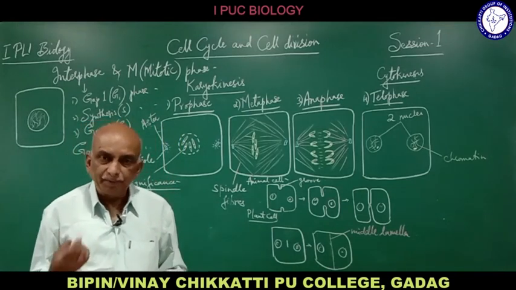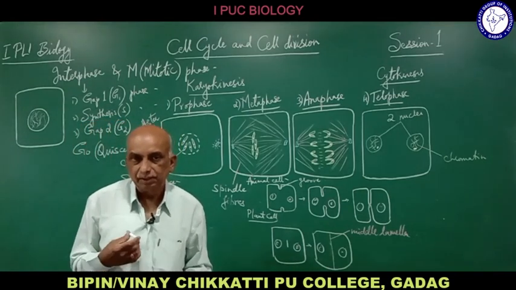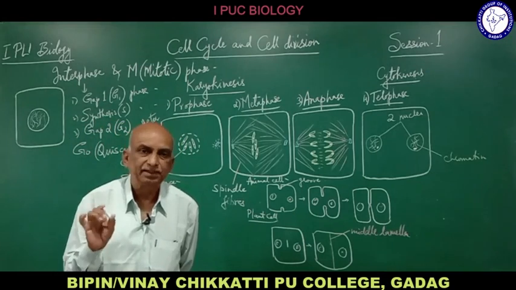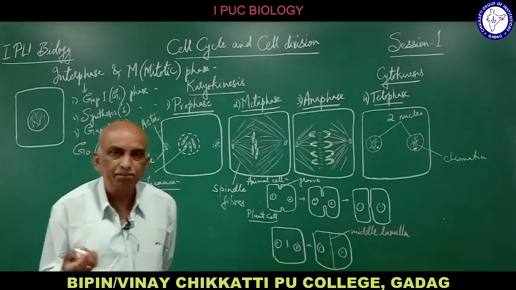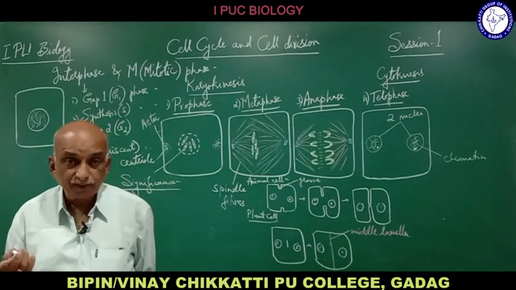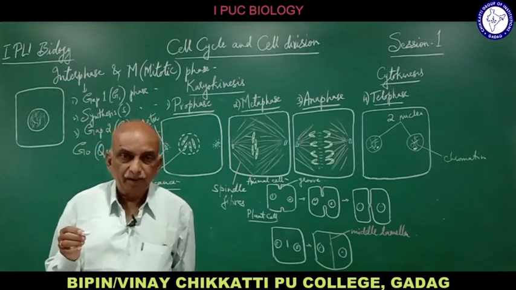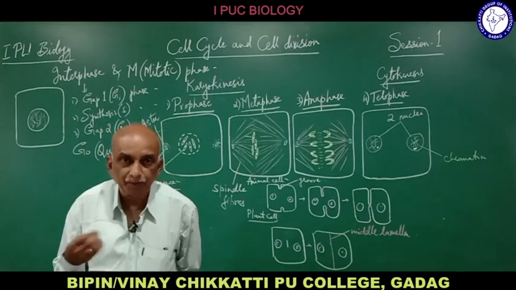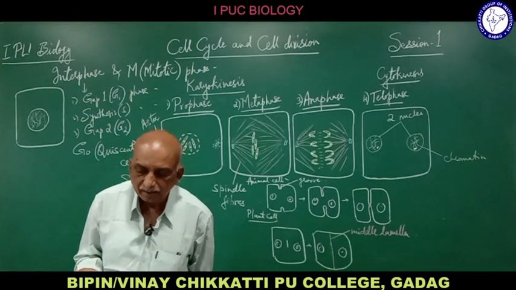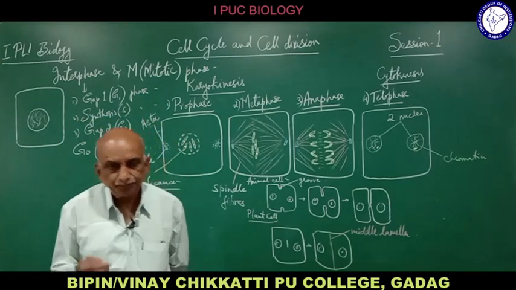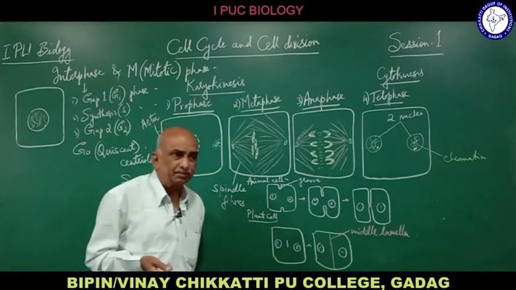Whenever amoeba is to reproduce, it simply divides into 2 cells. That is nothing but mitosis. Here mitosis helps to reproduce and increase in number.